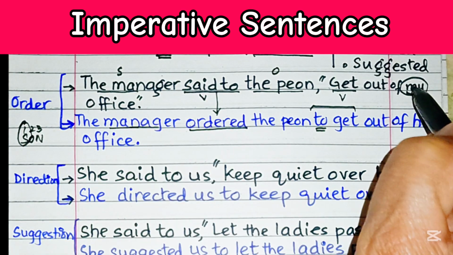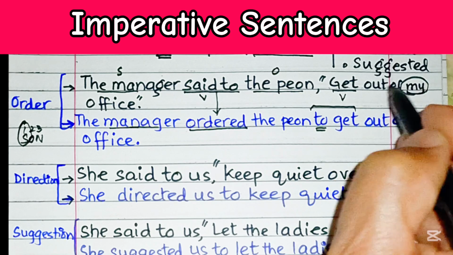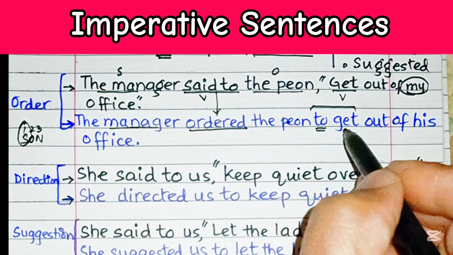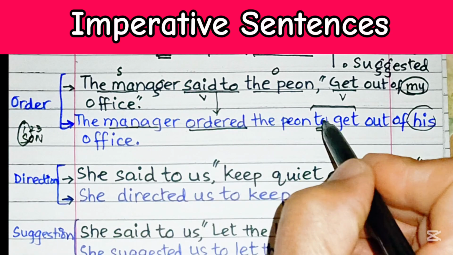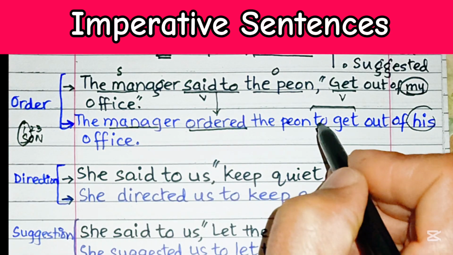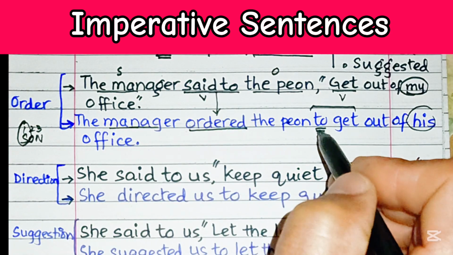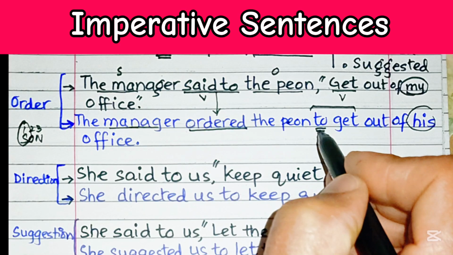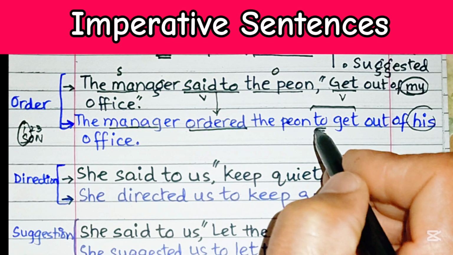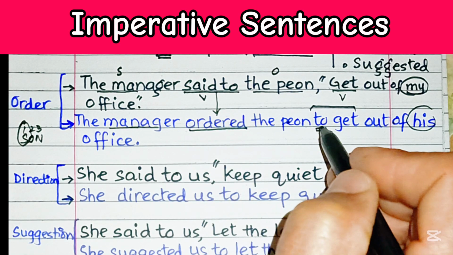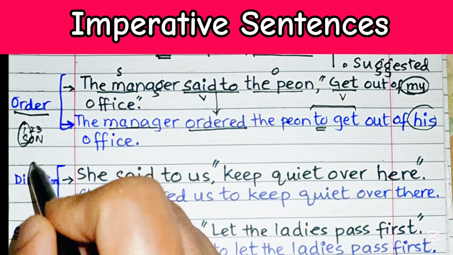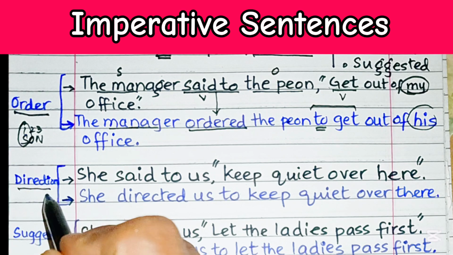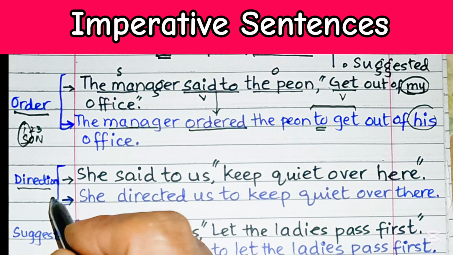"My" is in possessive case, so we have to put it like this: the manager ordered the peon to get out of his office. So this conjunction "to" is to be used. We don't use the conjunction "that" in imperative sentences once we convert them into reported speech or indirect speech. So this was order. Then comes direction. I mean, we can direct different people.